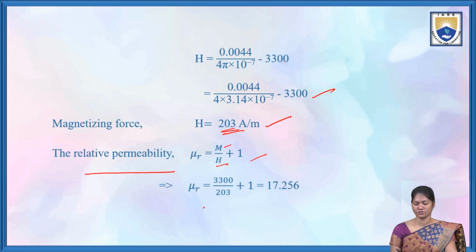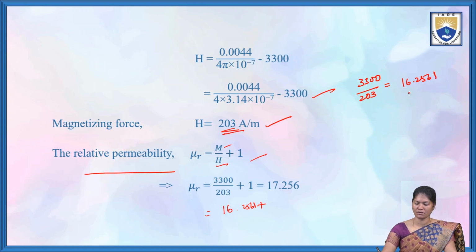When calculating 3300 by 203, we get 16.2561 and so on.